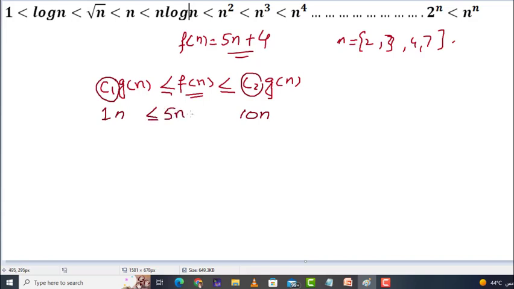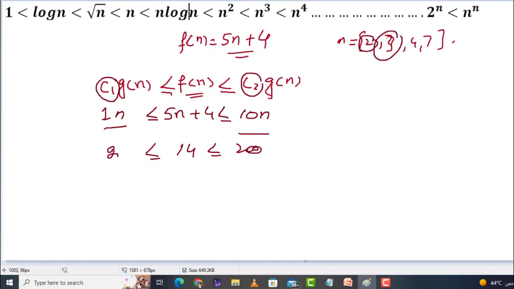5n plus 4. So I already found 1n and I already found 10n, so the condition is true. If I keep these values over here, for n equals 2, this will be 2 less than or equal to 14, less than or equal to 20.